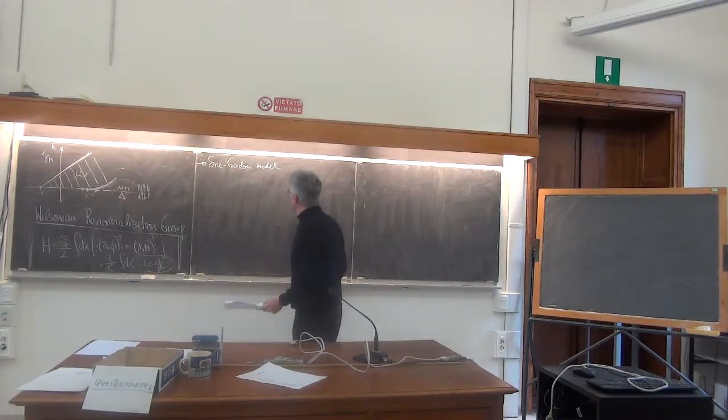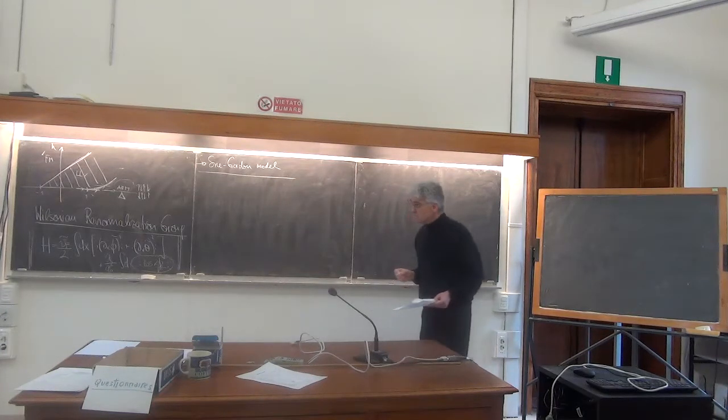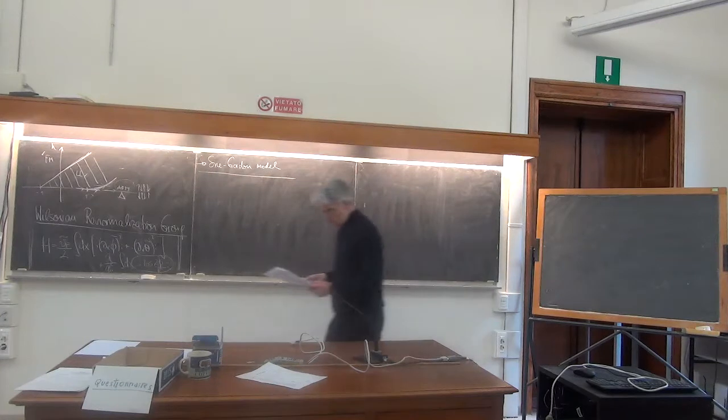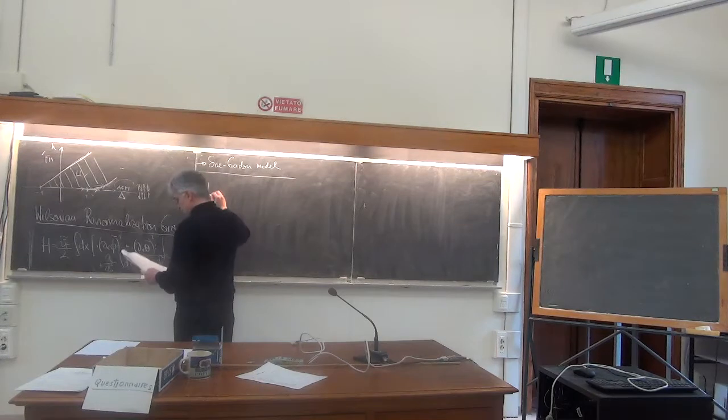Okay, now the easiest way of doing these calculations is in imaginary time. So let me just briefly remind you how that is done. So we first go to the Lagrangian formulation.